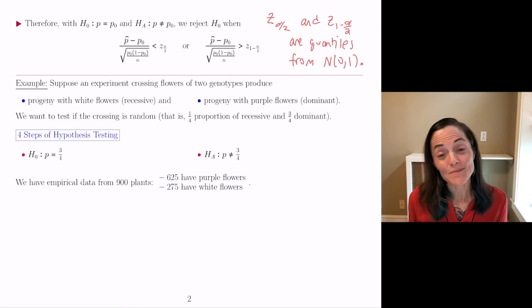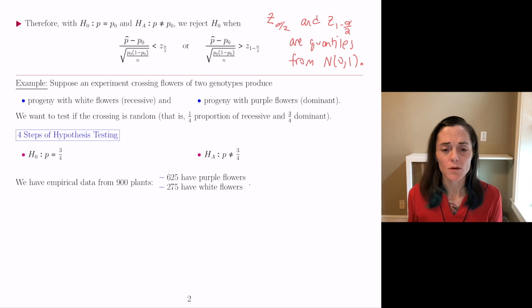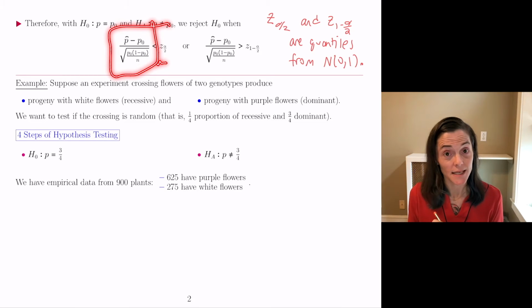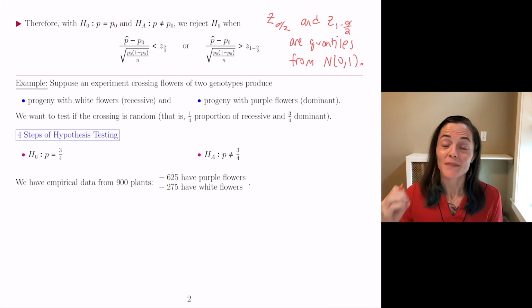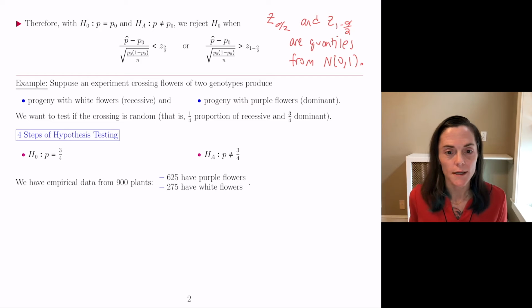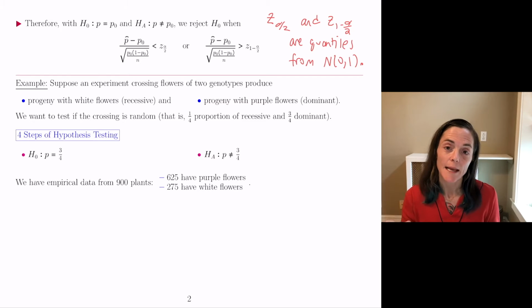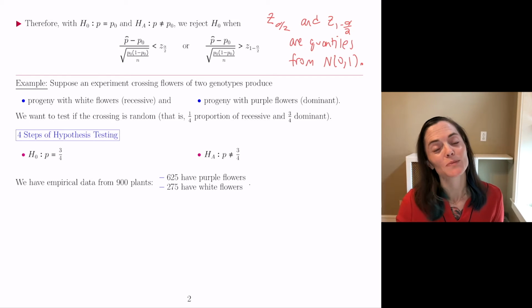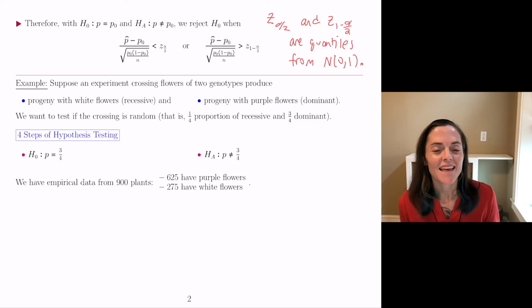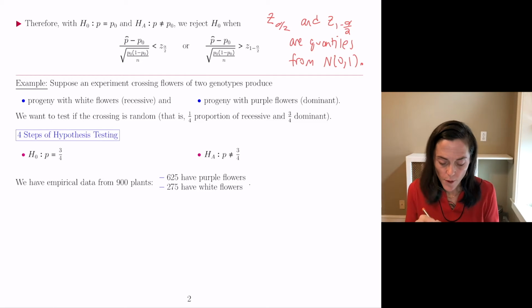Now let's do an example. I'm going to say this is by hand, although I'm really going to use R, but by hand means I'm going to physically calculate this z statistic rather than use a pre-programmed test in R. Before we get started, let's read what the example is. We have an experiment crossing flowers of two genotypes, and then we have this recessive progeny with white flowers and this dominant with purple flowers.